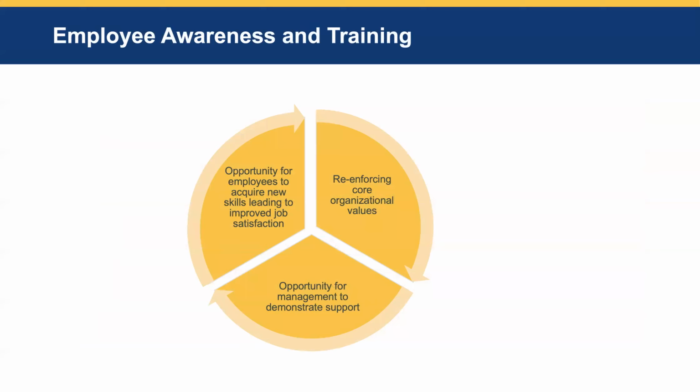So there are some different components that should be considered when it comes to employee awareness and training. First, we need to keep in mind that the goal of employee awareness and training is to ensure that we have appropriate individuals that have the requisite knowledge and skills required to support and implement appropriate security policies.